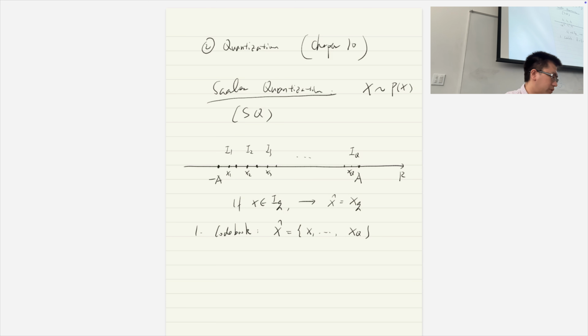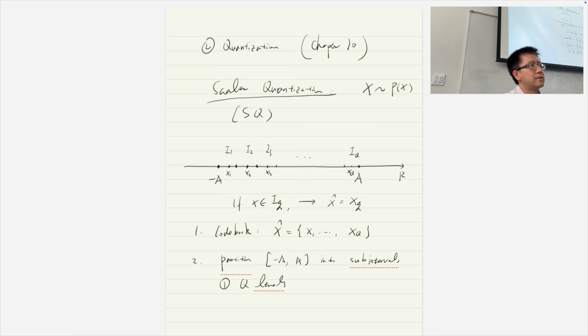Number two is that we partition the interval A into sub-intervals, so we're going to have Q levels in this interval.